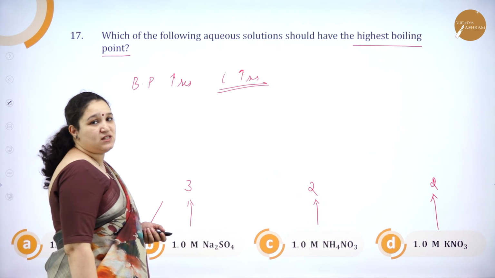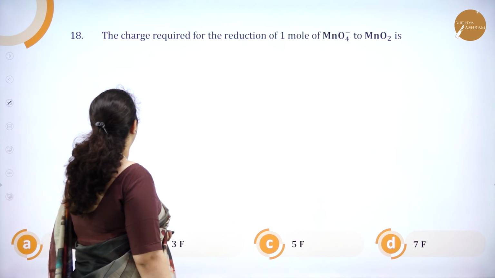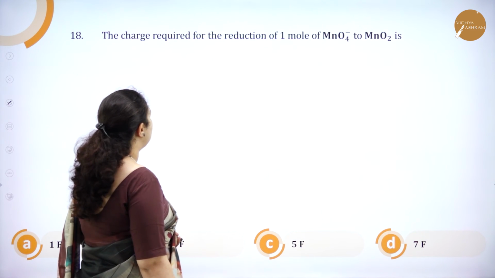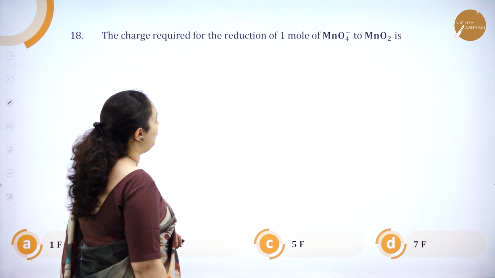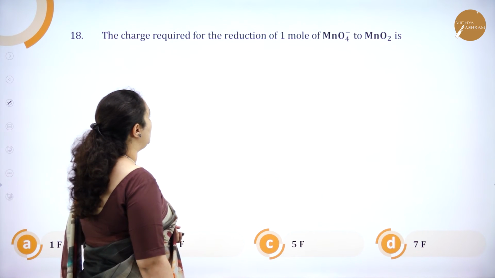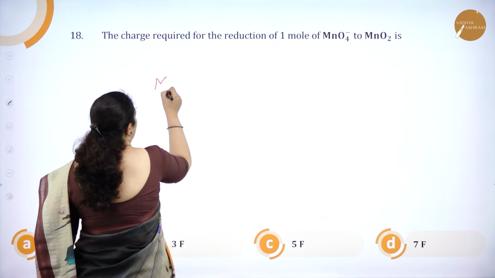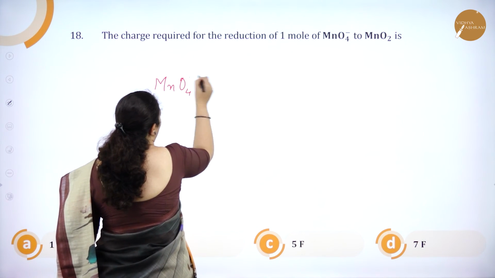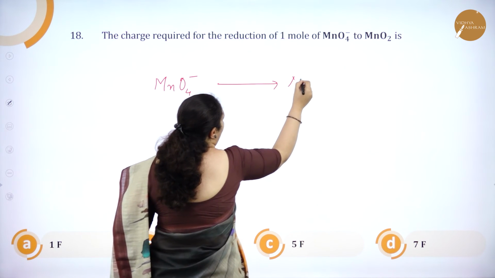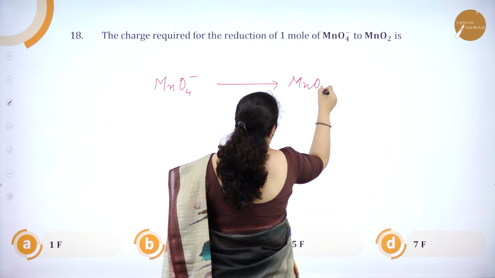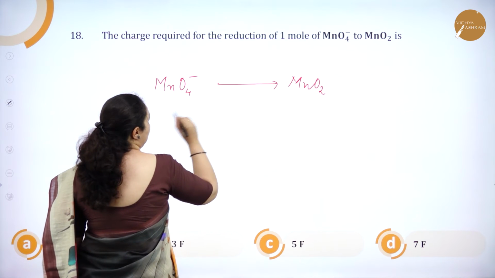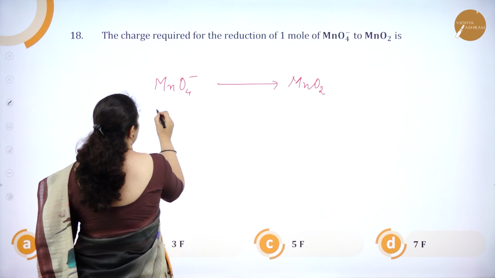Okay. Next question. The charge required for reduction of 1 mole of MnO4- to MnO2 is... the charge required. Okay, so it is MnO4- to MnO2. We'll just find out the difference in oxidation state.